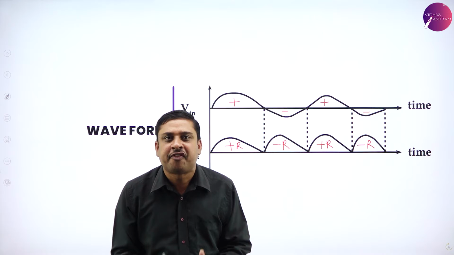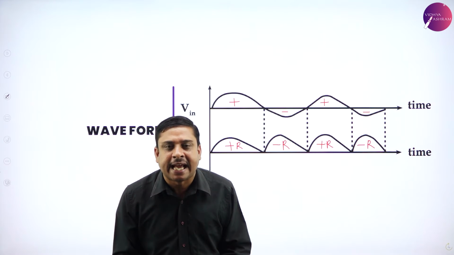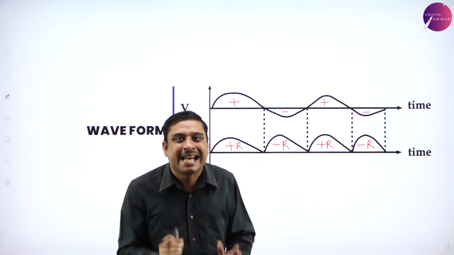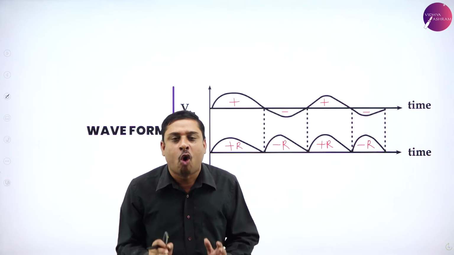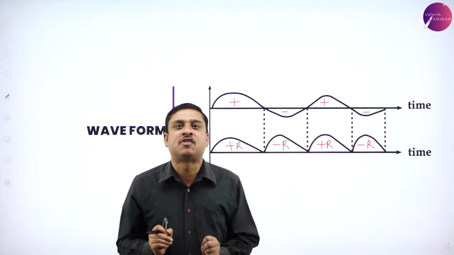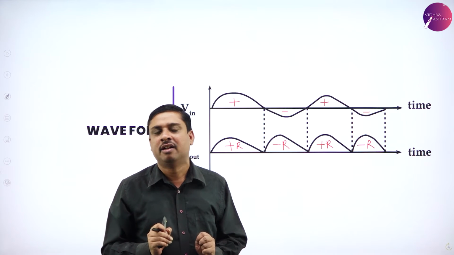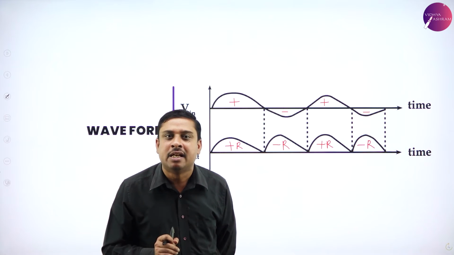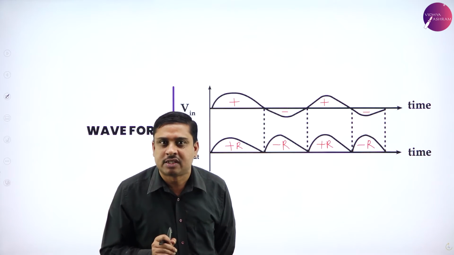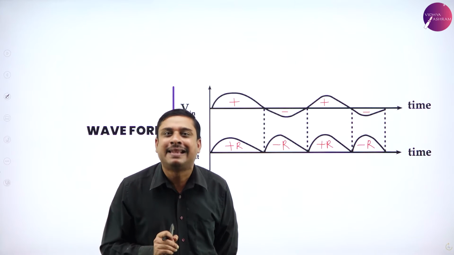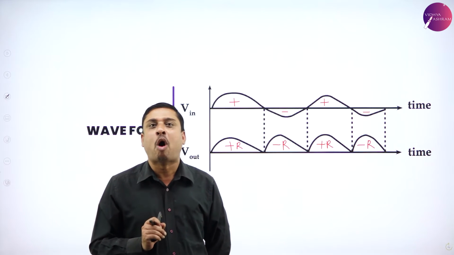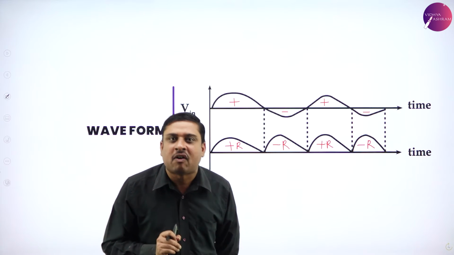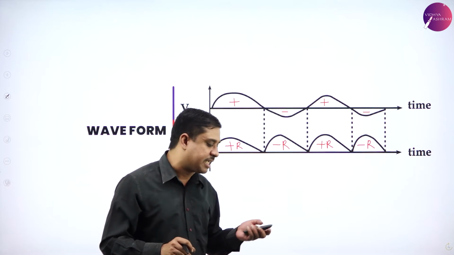For half wave rectification, I used only one single diode and only the positive half cycle got rectified. Whereas for full wave rectification, I use two diodes and both the half cycles, the positive half cycle as well as the negative half cycle, get rectified.